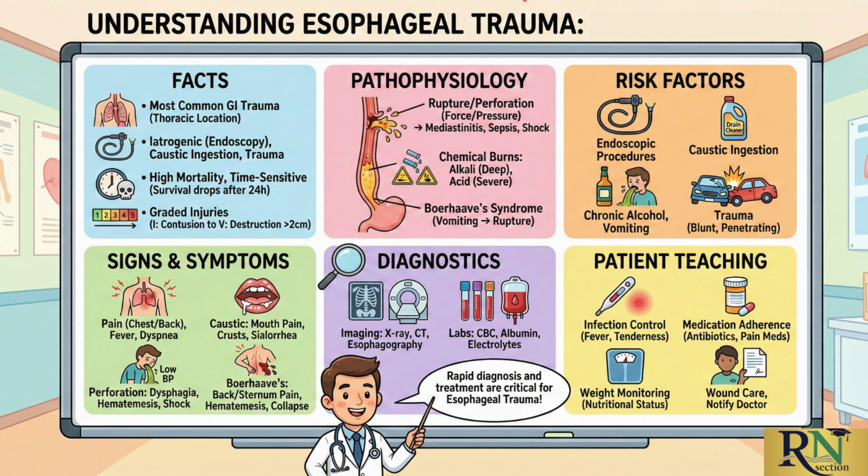Medical history: chronic alcohol use or chronic vomiting increases risk for spontaneous rupture. Trauma: motor vehicle accident, blunt injury or penetrating wounds, gunshot, stabbing. Signs and symptoms: pain, chest, back or epigastric, fever, dyspnea and crepitus.